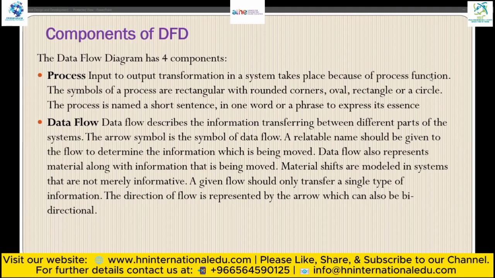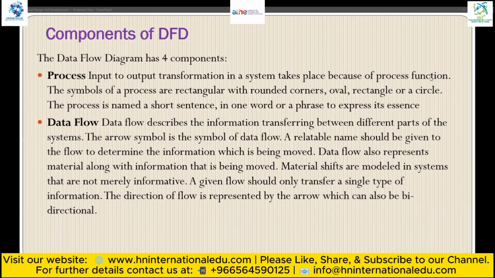Material shifts are modeled in systems that are not merely informative, meaning they are not necessary in the system, but they are useful. So that's why we keep them in the system, but they are not informative. You should just know about it; they are not necessary.